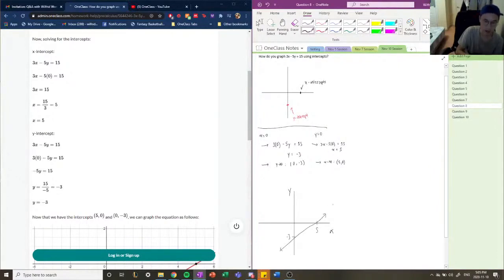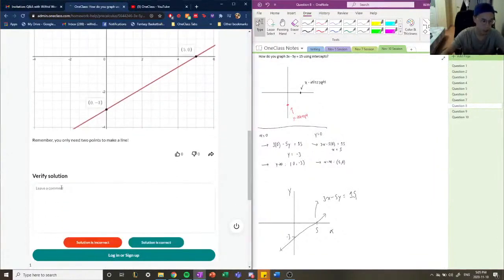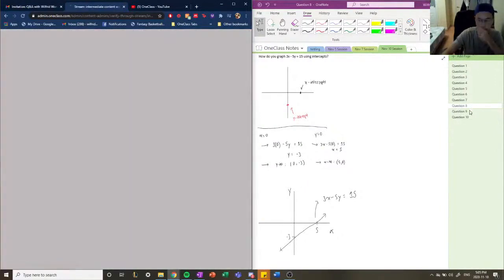I just flipped the axes there. So the junior tutor provided the correct solution. They found the x and y intercepts, and then they graphed it here. So this is the correct solution. Good job. All right, let's move on to question number 9.